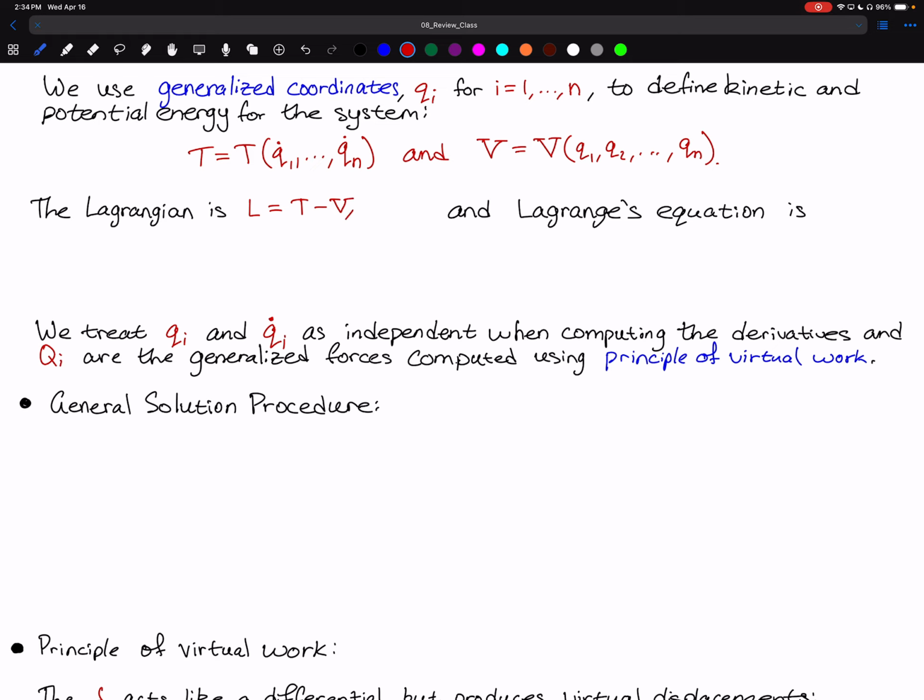And then Lagrange's equation is d over dt times the quantity partial L over partial q sub i dot, minus partial L over partial q i, is equal to a capital Q sub i, and this is for i equals 1 up to n.